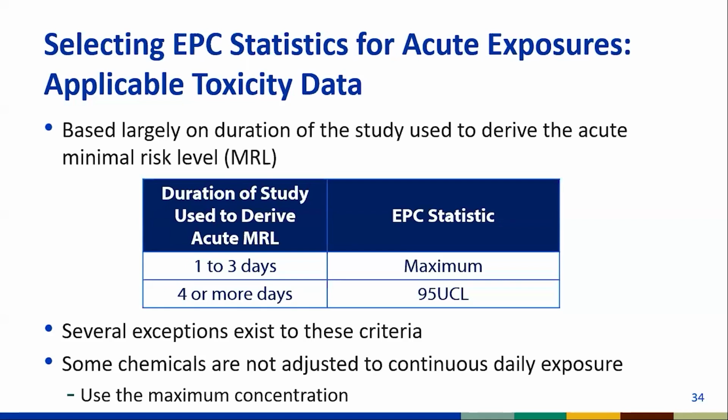Most of these chemicals cause irritant or poor contact effects from brief exposures. This includes acrolein, ammonia, 2-butanone, formaldehyde, hydrogen sulfide, and sulfur dioxide. For these, you should use the maximum concentration to evaluate acute exposures, regardless of the other criteria that we just discussed. More information about this topic can be found in the VAST Resources page in a document about exceptions to exposure factor adjustments.